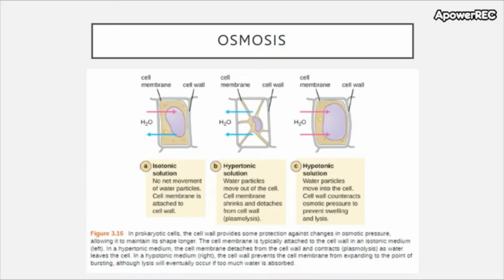Upon shrinking, the cell membrane detaches from the cell wall, and this can lead to plasmolysis, or the breaking apart of the plasmid of the inner membrane.